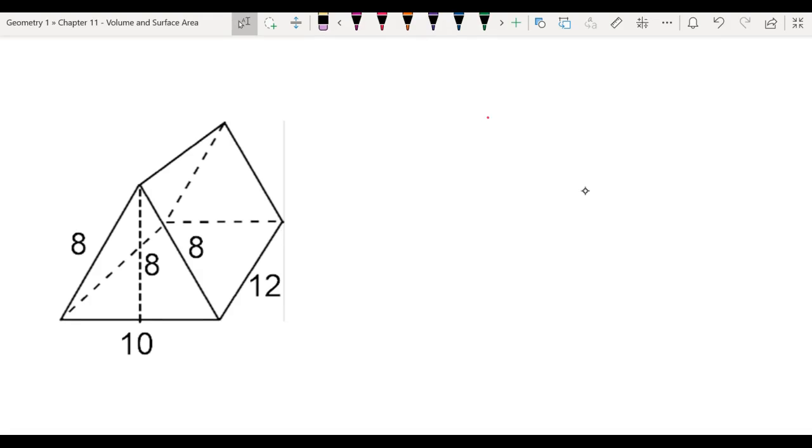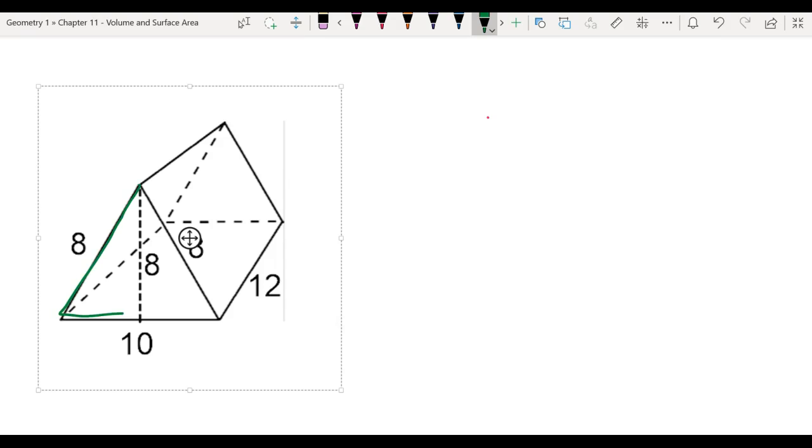So next, we have a triangular prism. Just a reminder, a triangular prism kind of looks like a tent. When we're finding this one, let's start with the triangle that's in the front.